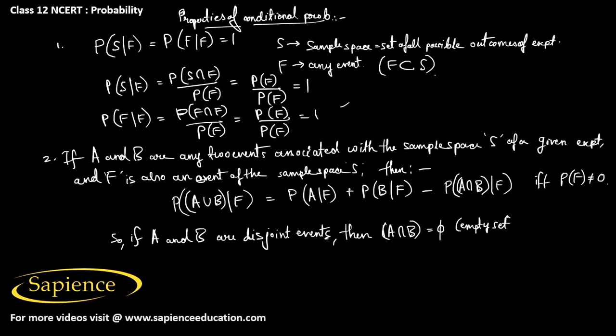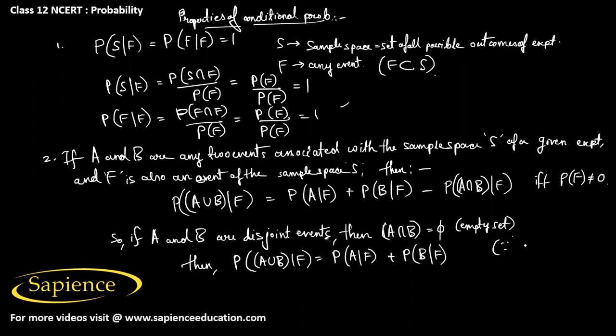Then we can say that the probability of A union B given F will be equal to the probability of A given F plus the probability of B given F. Since the probability of A intersection B will be 0 only.